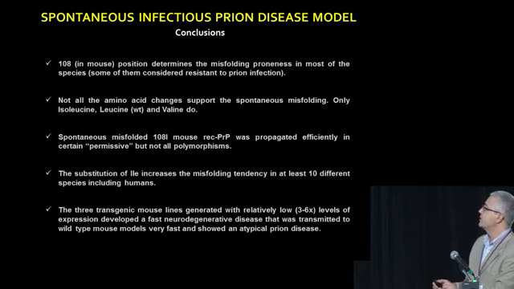The three transgenic mouse lines, generated with relatively low levels of expression, developed a fast neurodegenerative disease that was transmitted very fast to wild-type mice and showed an atypical prion disease. Now we are generating different models based on the expression of human, sheep, and cow PrP in order to recreate these diseases in different species.